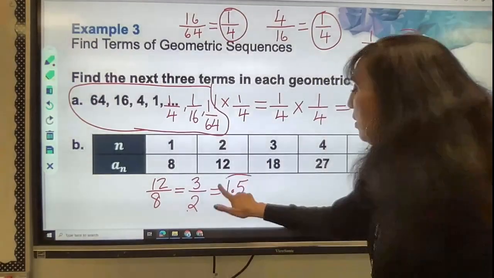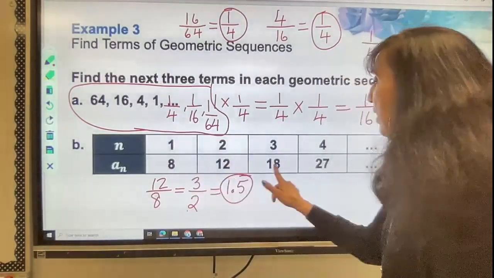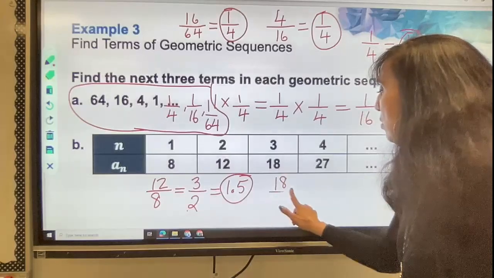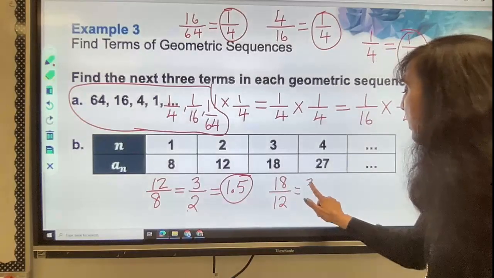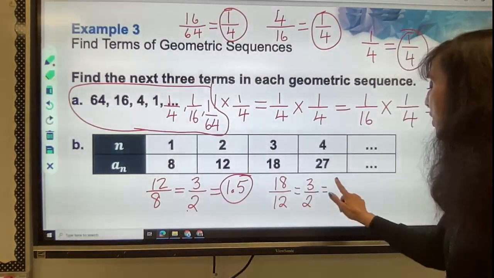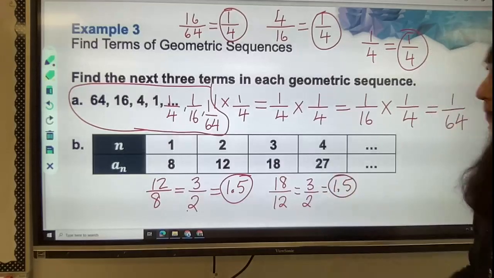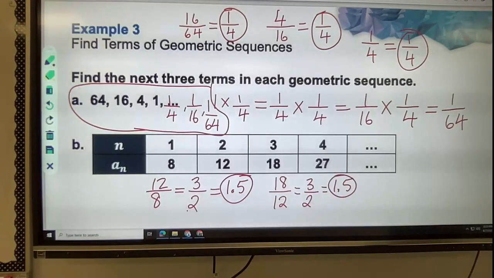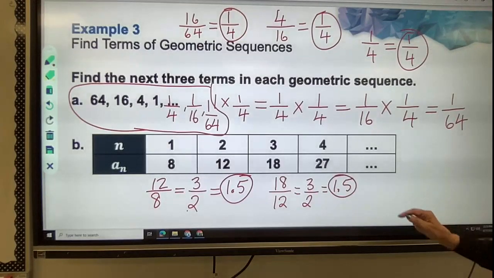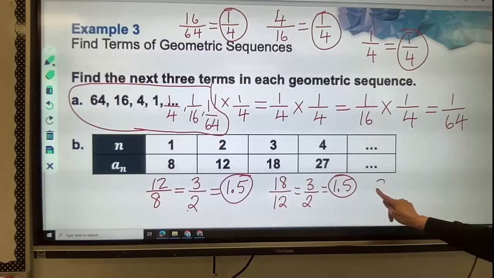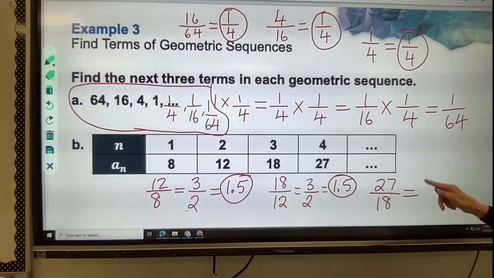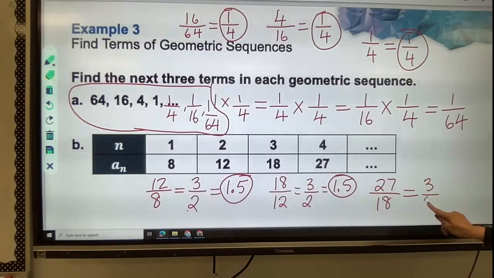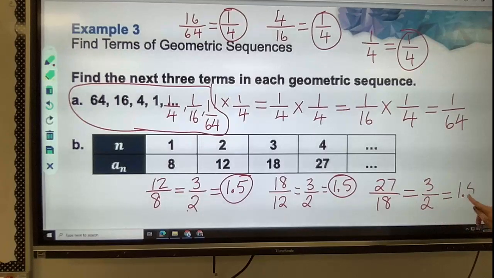Okay, so this is my ratio when I'm dividing here. What about 18 over 12? So divided by 6, I again get 3 over 2, which is 1 and 5/10. And then 27 divided by 18 is also going to give me 9 times 3 is 27, 9 times 2 is 18. And so look, I get the common ratio of 1 and 5/10.